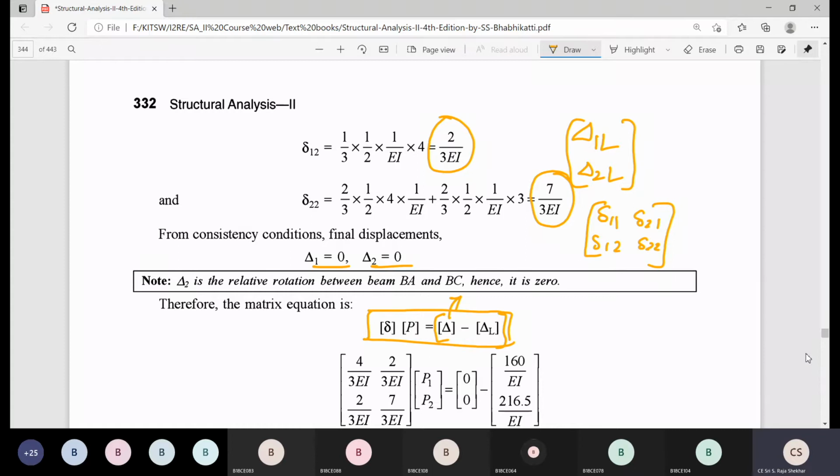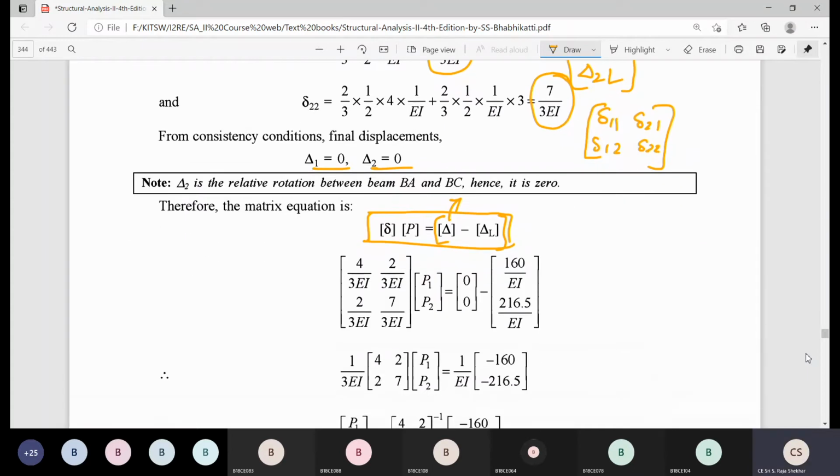This is the force matrix, and this is the total displacement matrix, which is 0, and the displacement due to loading.